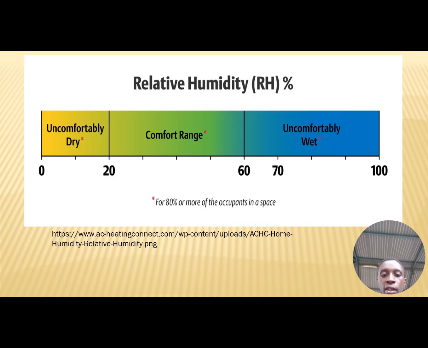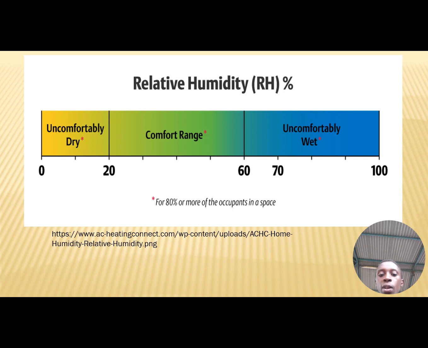And here we have another picture that shows relative humidity. From 0 to 20, we have dry, which means there is almost no amount of water. From 20 to 60, we have a comfortable range, where the relative humidity is needed and cannot cause a problem.